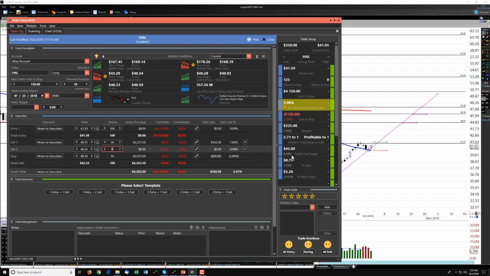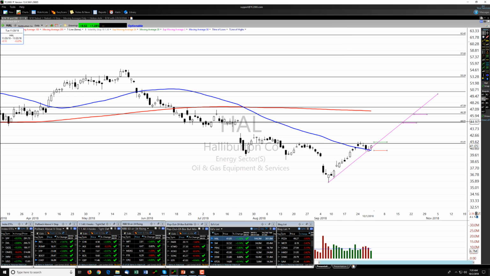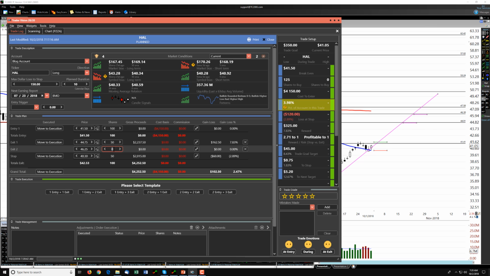If we got 8.43% or $45, which is another 20 cents, another quarter, let's call it, which is just above that first target, we would be able to make our trade goal.